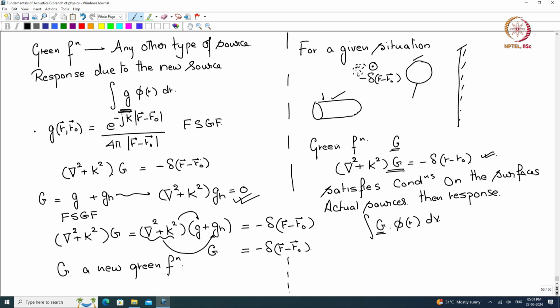This would be dV, let us say, over a volume. That would be the pressure response. So, that is why we try to find the Green function.